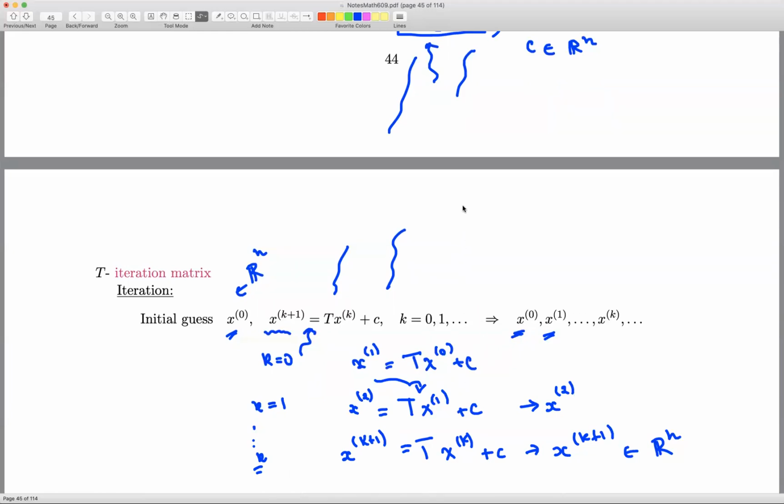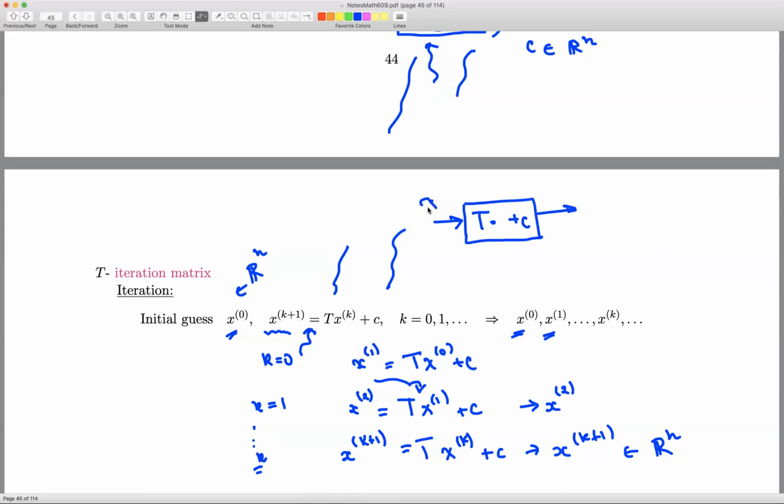So you can view the iterative procedure, as I discussed last time, as a black box, which is the following. You have an input to the black box. The black box applies T to this input and then adds the vector c and outputs the result.